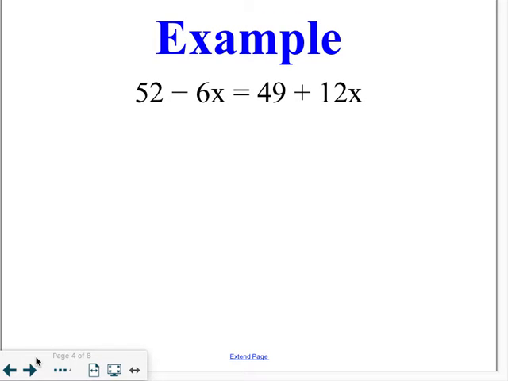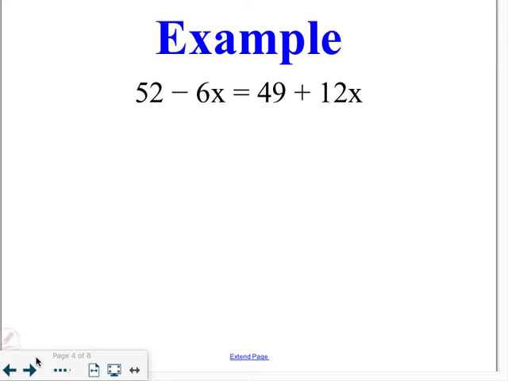So, first example, 52 minus 6x is equal to 49 plus 12x. So, the first tip that I gave was to deal with the variables first. So our goal is to move either the negative 6x to the right side or the positive 12x to the left side. You're going to do that the same way that you would deal with numbers, by using inverse operations.